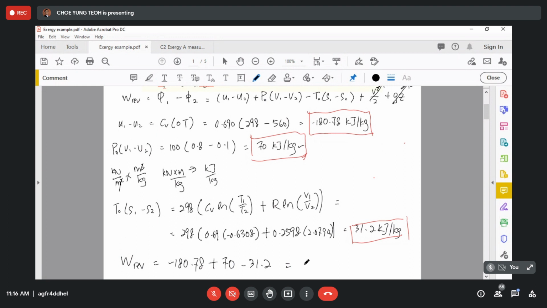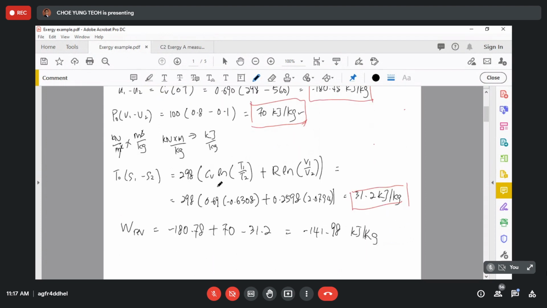So I get negative 141.98. And this negative 141.98 kilojoule per kg is referred to the phi 1 minus phi 2. Okay, so it means that phi 2, exergy at the state 2, is higher than exergy of the state 1. So that I would say that reversible work is 141.98 kilojoule per kg.